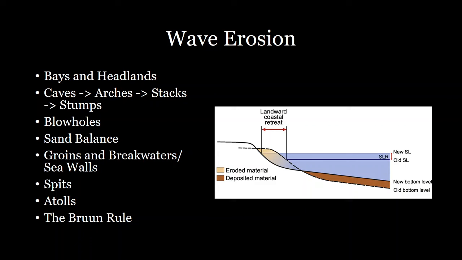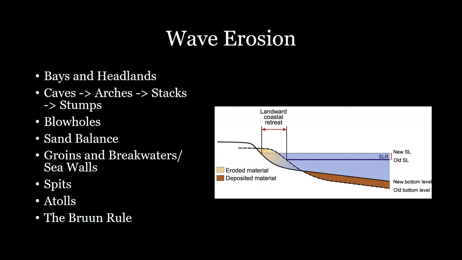And then the last concept that we're going to talk about in terms of wave erosion is the Bruun rule. Bruun was a guy who liked to study coastlines, and he wanted to figure out the impact of sea level rise on coastal retreat.